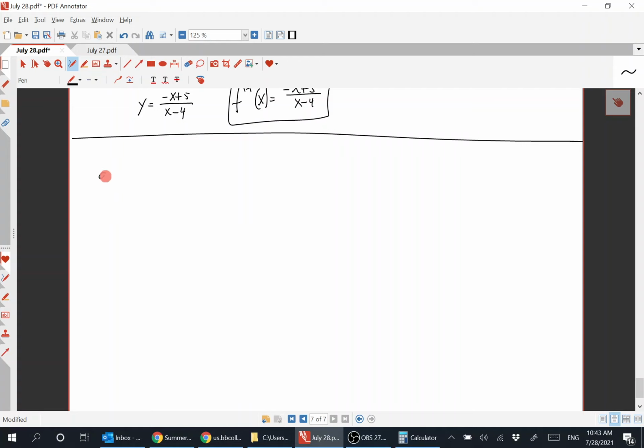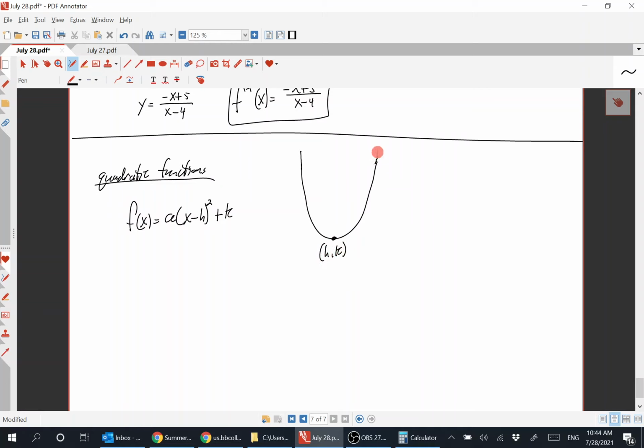So, quadratic functions. If you have f of x in standard form, a times (x minus h) squared plus k, the graph of this looks like a parabola whose vertex is (h, k).